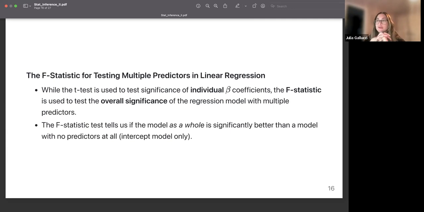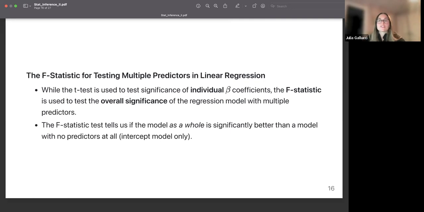All right, so we talked about the t-test, and the t-test is helpful to assess significance of individual predictors. However, we also have the f-test, and this is used to evaluate overall model significance when we have multiple predictors. So the f-test is basically telling us whether the model as a whole is better than a model that would include no predictors, just the intercept.